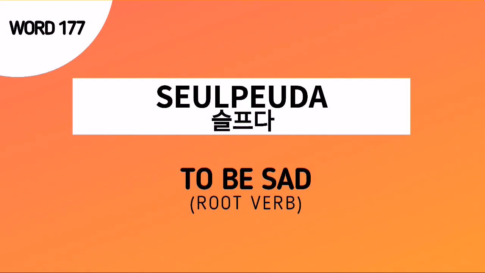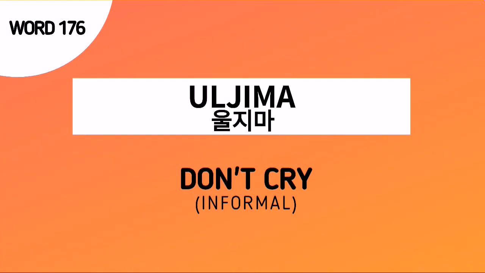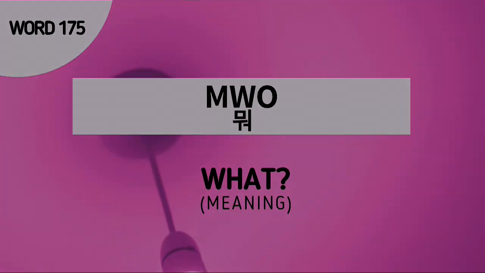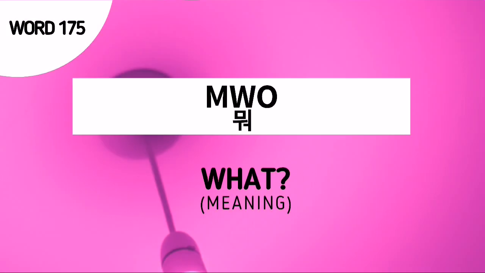Word number 177 is 슬프다, and this is a verb which means to be sad. Word number 176 is 울지마, and this is an informal way of saying don't cry. Word number 175 is po or mo, and this is used to ask what.